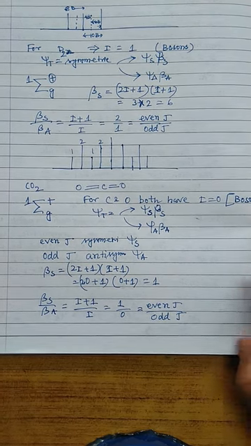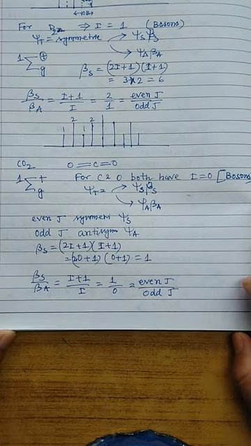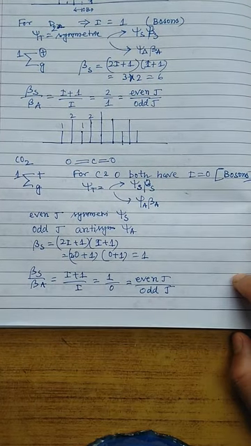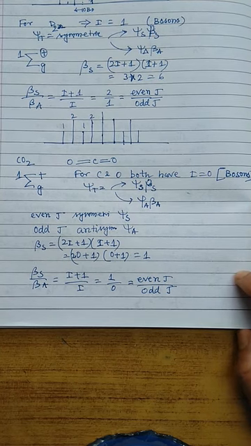Now the third example that we would like to discuss is the carbon dioxide molecule, and we know that the carbon dioxide molecule is linear, and its symmetrical stretching modes are Raman active.